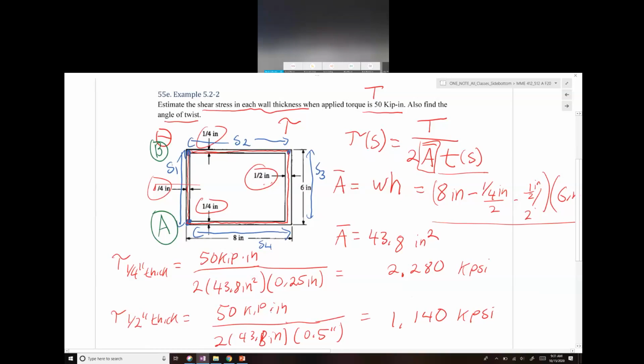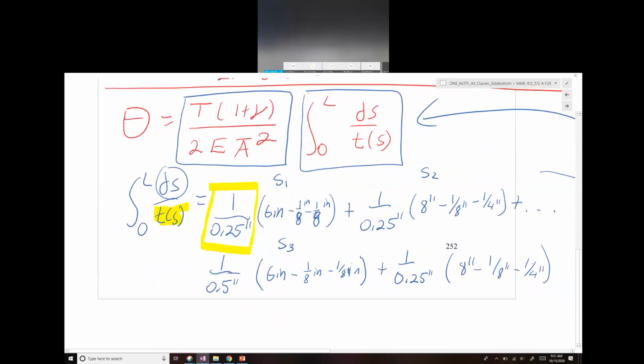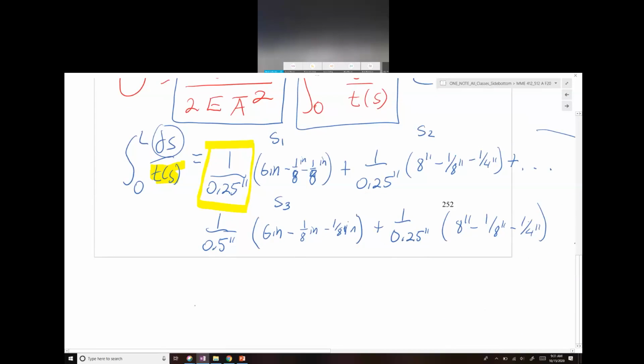So it does not change as a function of S. So since it's a constant, what we end up getting is the integral of ds over a constant value. Okay, so in this case, our constant value was 0.25 inches.